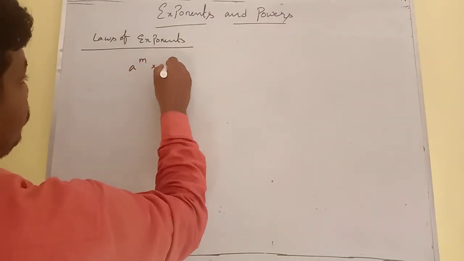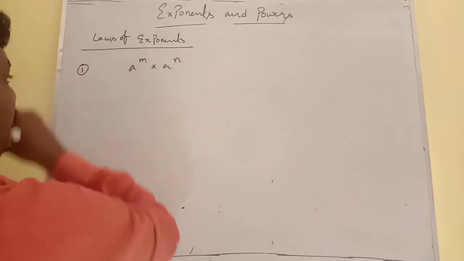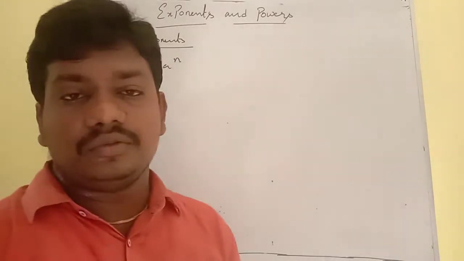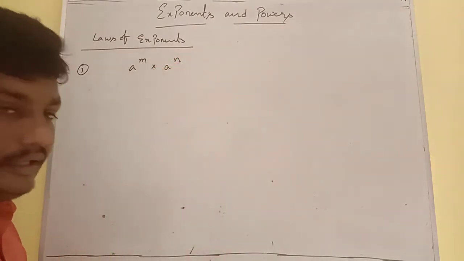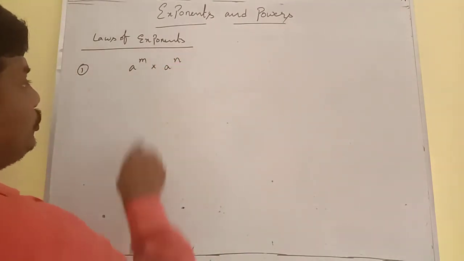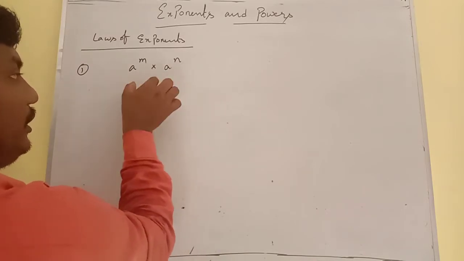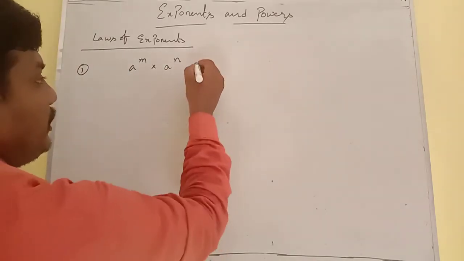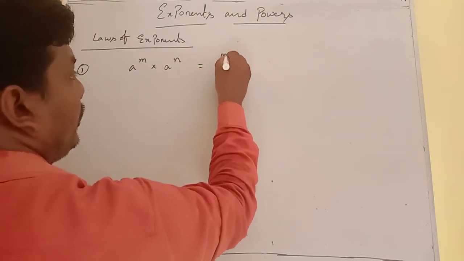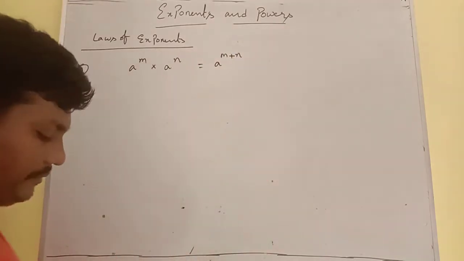into a power n. This is the first law: a power m into a power n. That means here two exponential forms are in a product condition having the same base a, so it can be represented as a power m plus n.